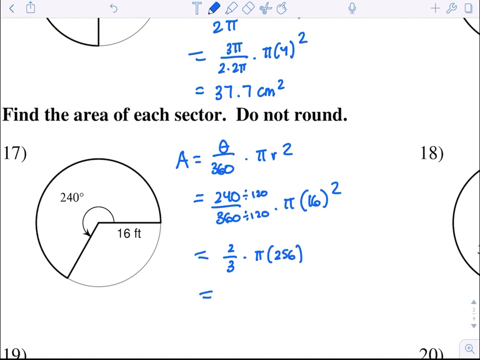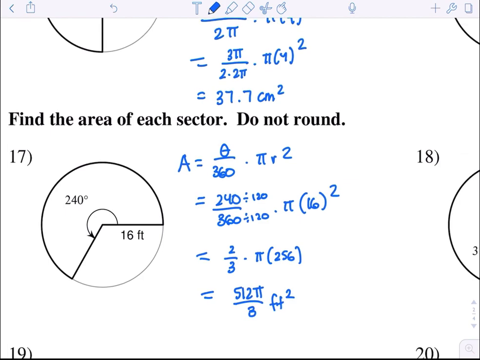And now 2 times 256, you guys, is 512 pi all over 3 feet squared.